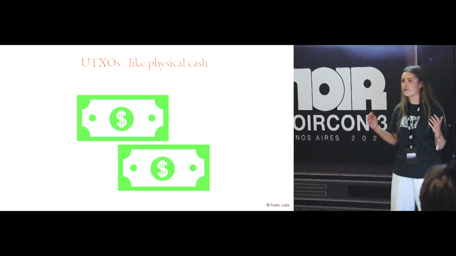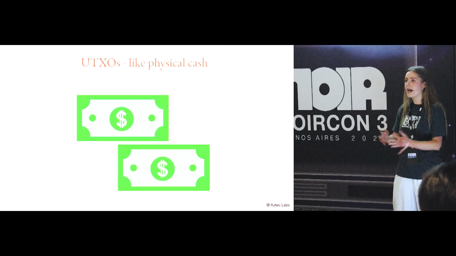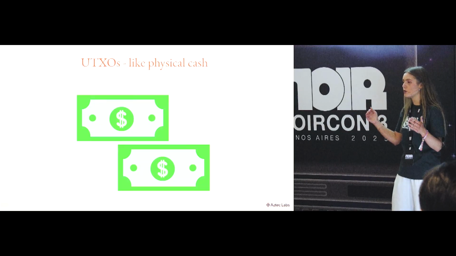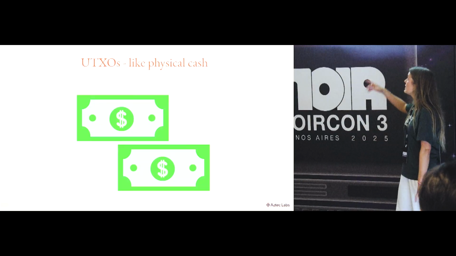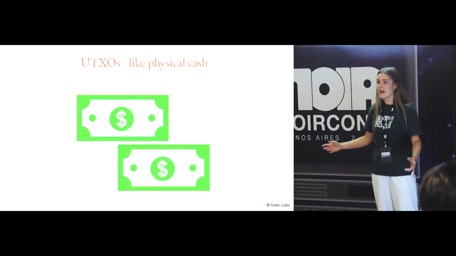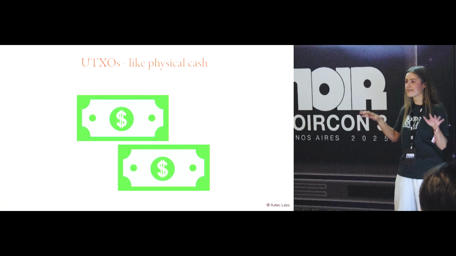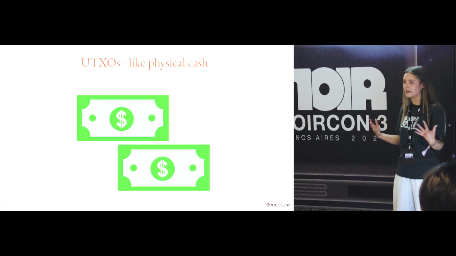So rather than storing a full balance somewhere, you instead have individual notes that will add up to your balance, but you're never actually storing the full amount. Now on Bitcoin this is just balances, but for Aztec, this is going to be any data. But we're going to stick with the balance example for now because it's the simplest to think about.